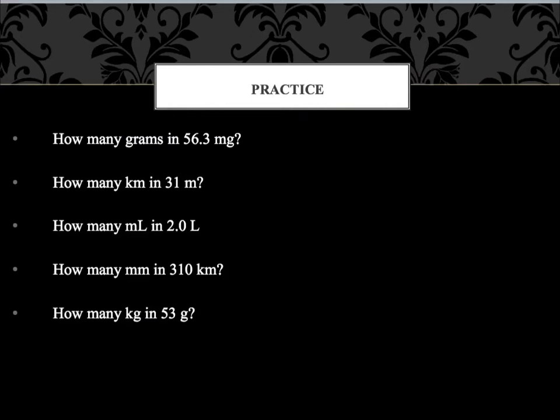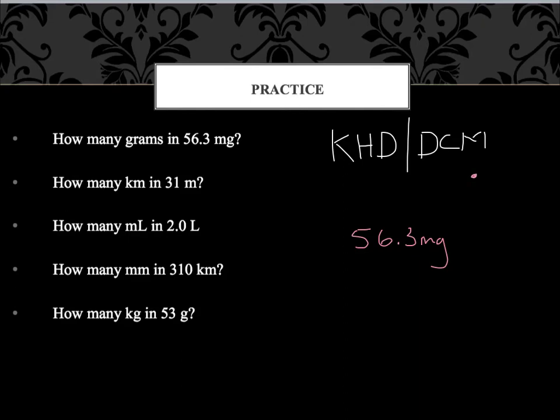All right, let's practice this. So we'll write down that King Henry died diagram again. And we'll convert 56.3 milligrams into grams. So what that means is we are starting off with milligrams. Okay, this is milligrams. So that means we're starting with that M. And we're converting it to grams. So grams with no prefix, that means we're going to the base unit, which is that line right there.